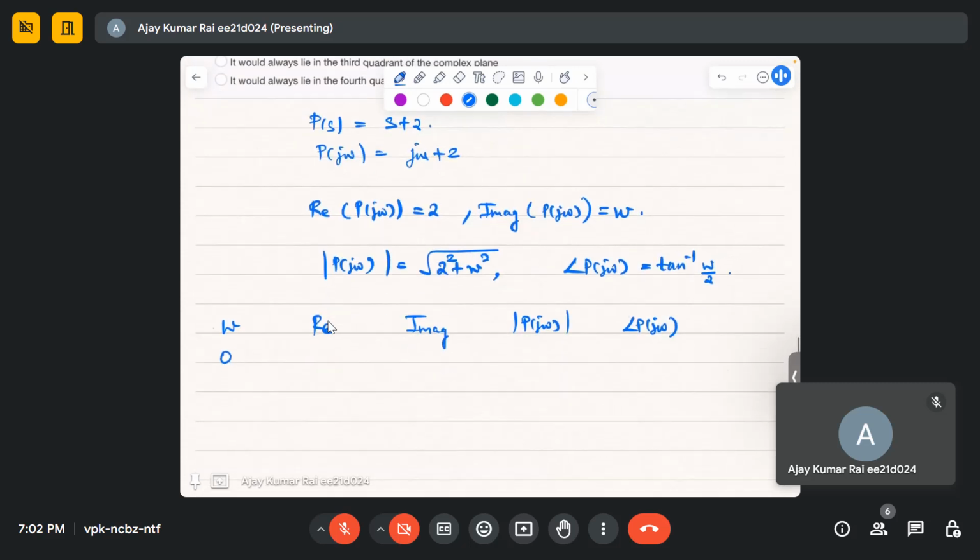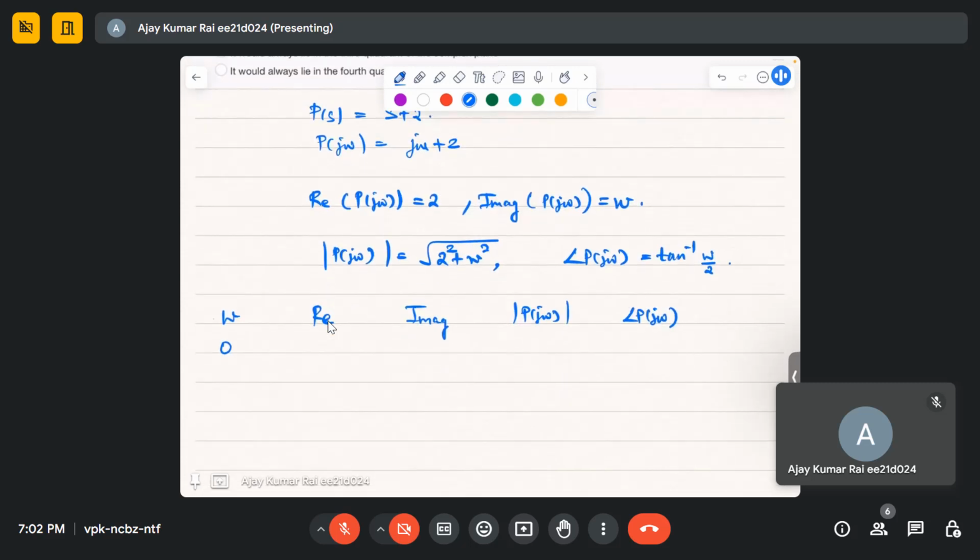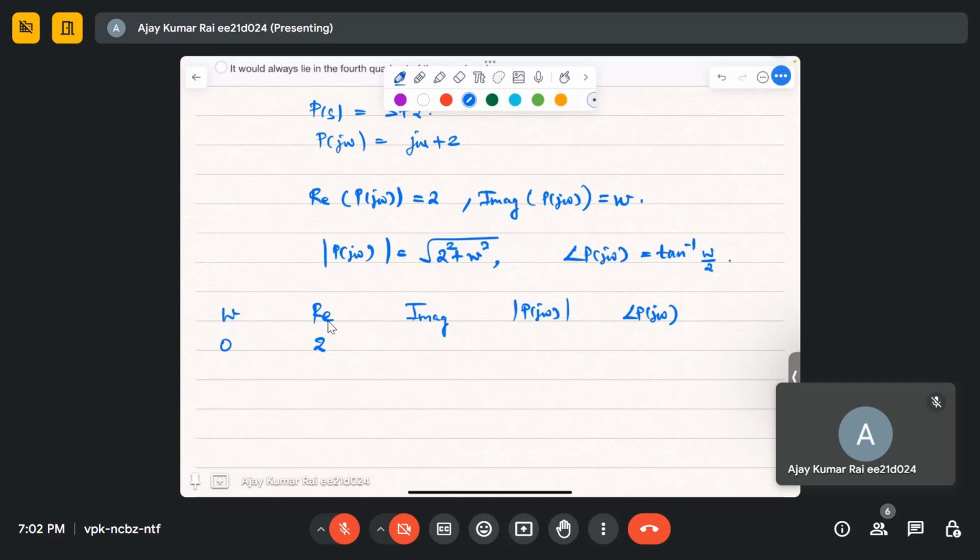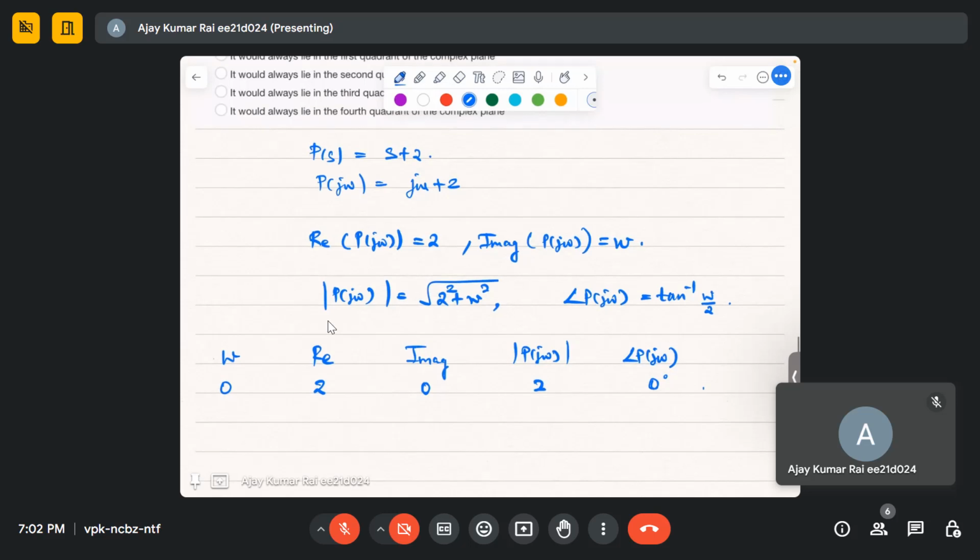So what is the real part here? You see, the real part is always equal to 2. It's not varying with frequency, correct? And the imaginary part at omega equal to 0 is equal to 0. Just see whether you are able to fill this table or not.